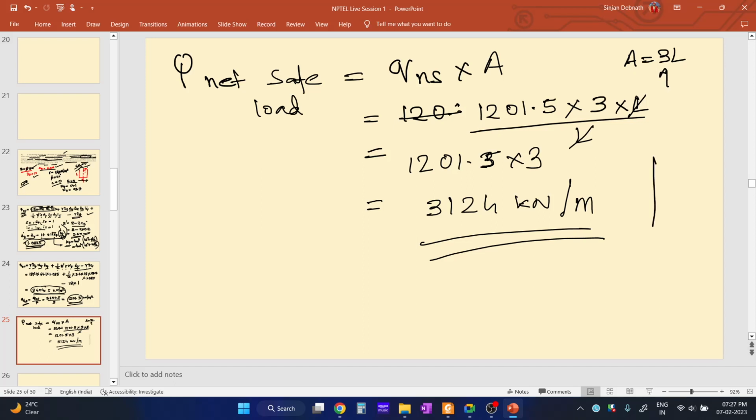Strip footing is like this. This is the breadth and this is the length, rectangular. So how much is the area? B into L. B is 3 meter, length is unknown. So 3 into L, and per meter length means I am dividing this whole thing by L. So L is cancelling out. So 1.01.5 into 3. That comes out to be 13124 kilonewton per meter.